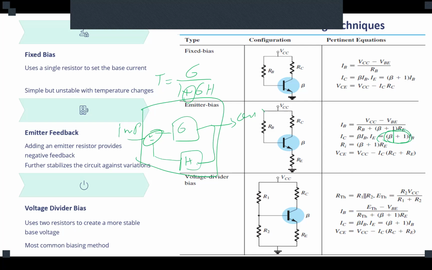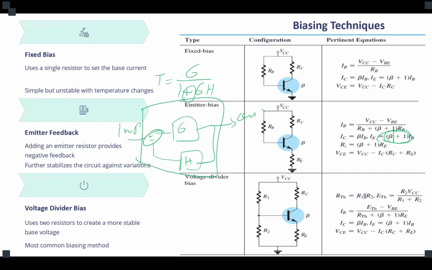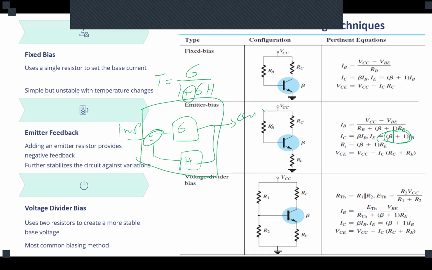But the best way to bias the system is a voltage divider. In these two biasing methods, you have a current injected from VCC, and you also have an input current, which is your signal to turn on and off your BJT.